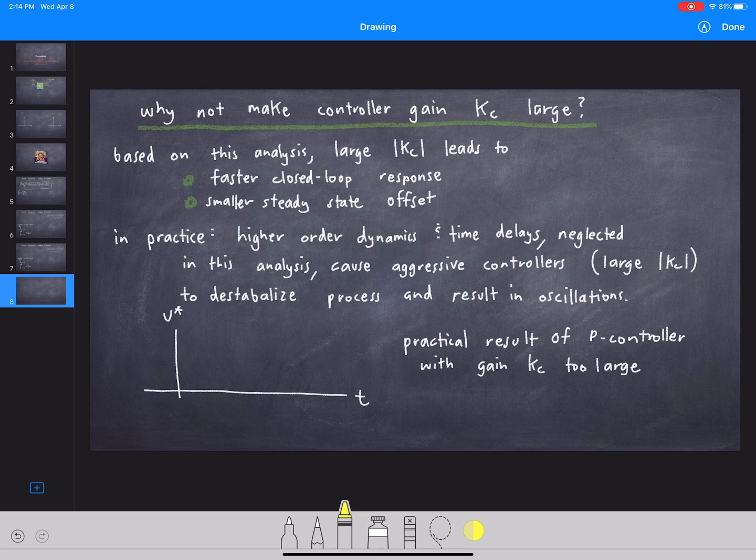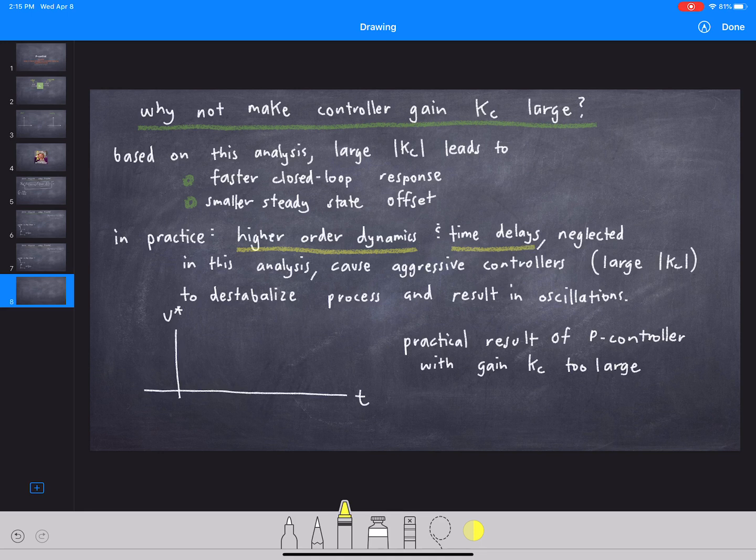Indeed, based on this analysis, a big magnitude of Kc leads to a faster closed-loop response and smaller steady-state offset. But there's something we're neglecting here. In practice, there are no processes that are first order without a time delay. There are higher order dynamics that we're neglecting here that are present in real processes, as well as time delays.